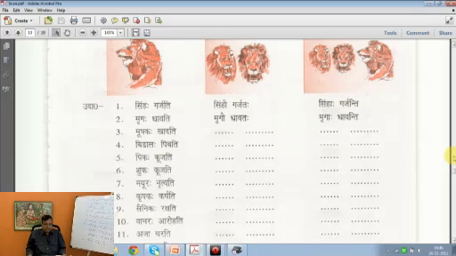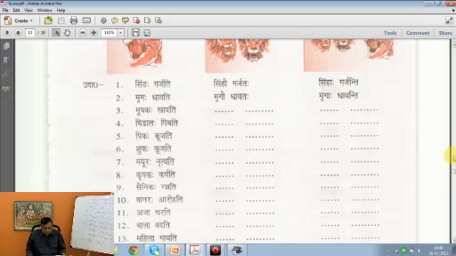Mayuraha nrutyati, mayurau nrutyataha, mayuraha nrutyanti. Then we have krushakaha karshati, krushakaha is a farmer. Krushakaha karshati, krushakau karshataha, krushakaha karshanti.